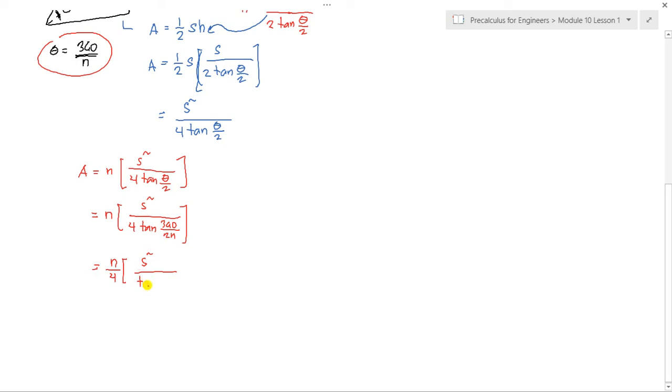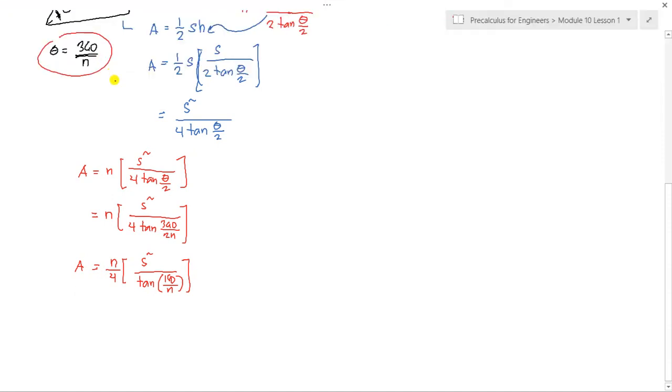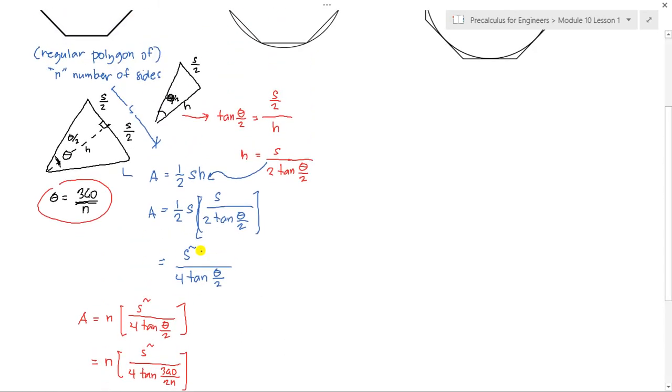This is tangent of 180 over n. So this is now the formula for a regular polygon of n sides. So any sides, pwede yan niya. Bisa kay 4 sides, kuha gyapon. So way pangutanan eh. Nakuha ra?